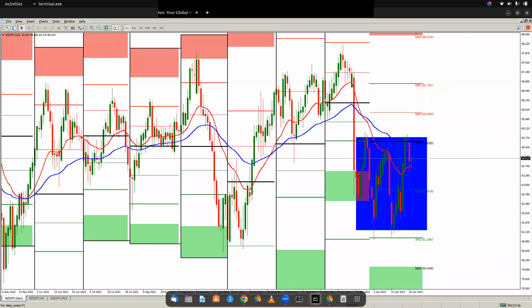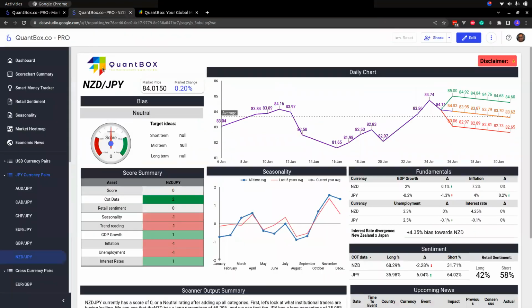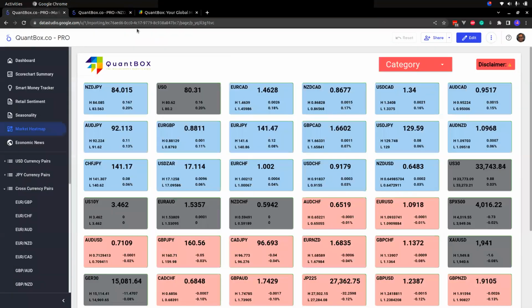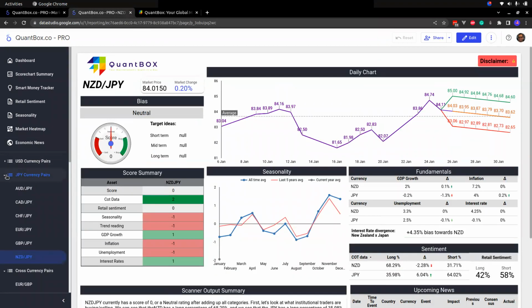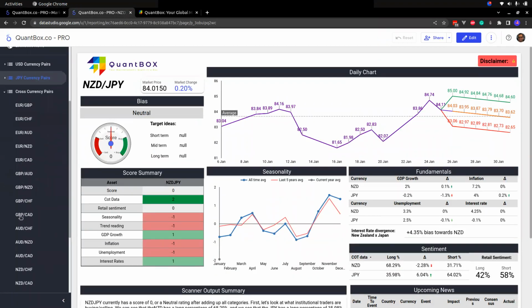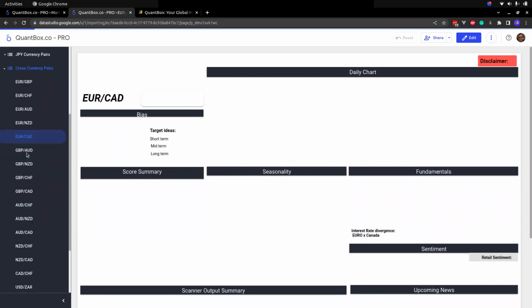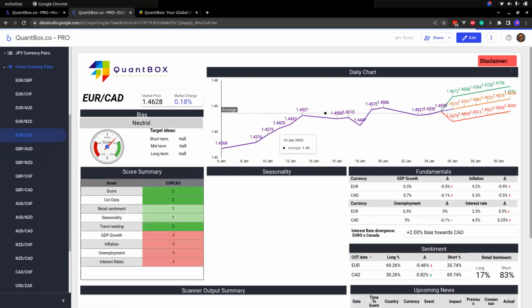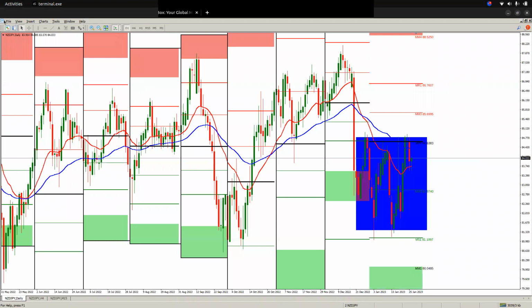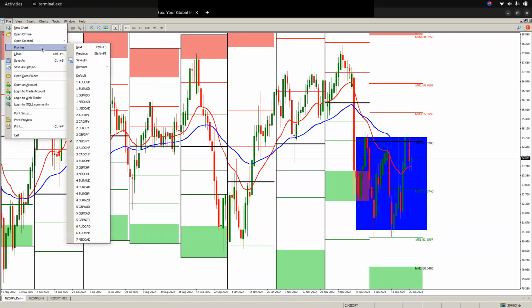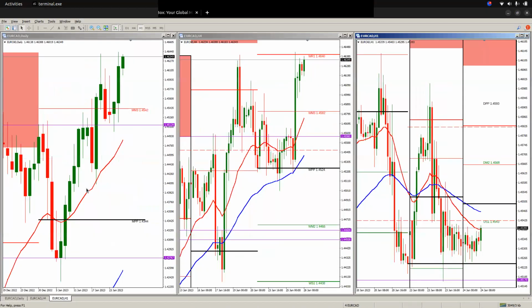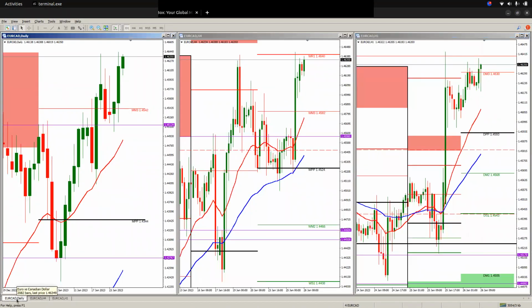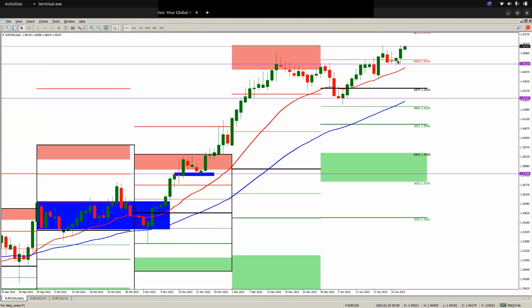Okay. We then take a look at the next currency pair, and that being Euro CAD. And Euro CAD coming through neutral. So as you can see, Euro CAD currently from a positional perspective, all the way up here in bullish pivot points.